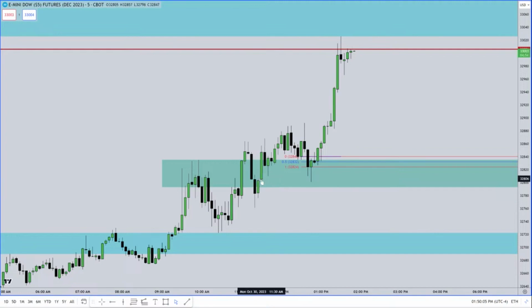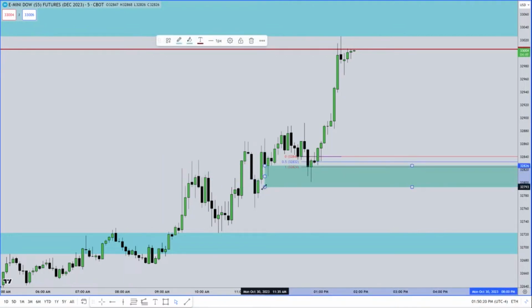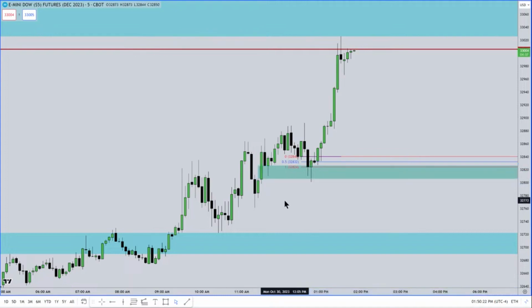In here, what is this? Inside this shaded area, what is occurring in here? That high to that low. That's our fair value gap, right? Correctly identified, right? No. What's this?